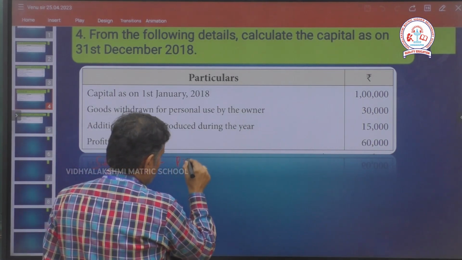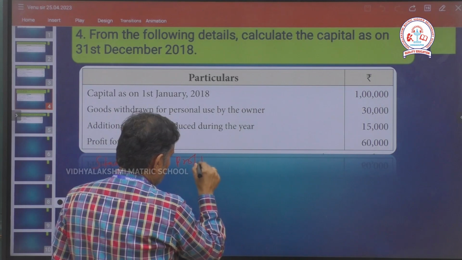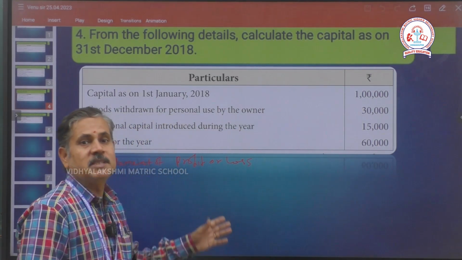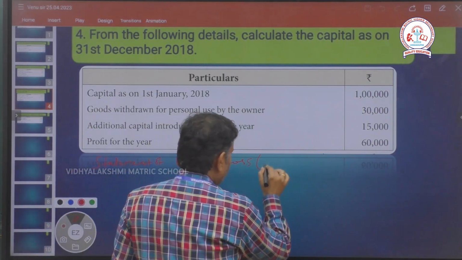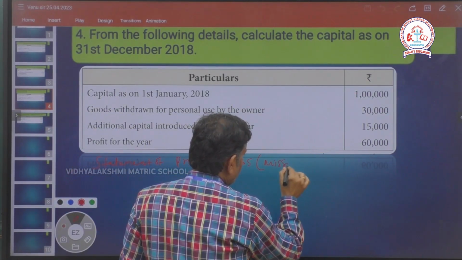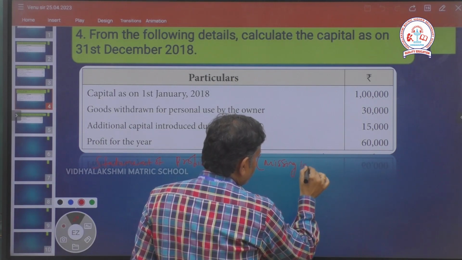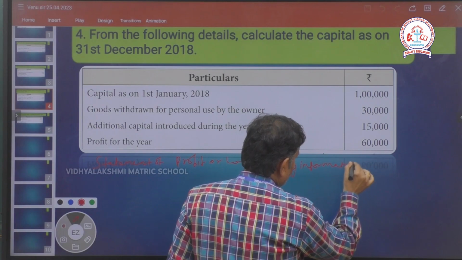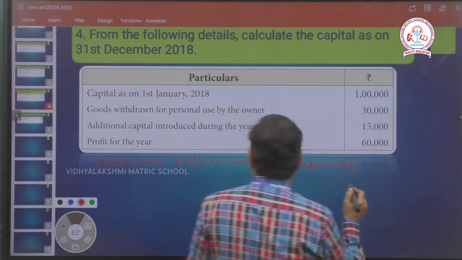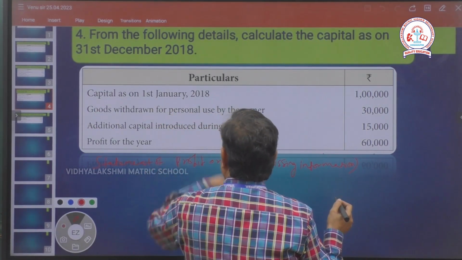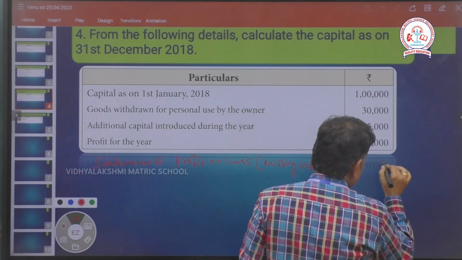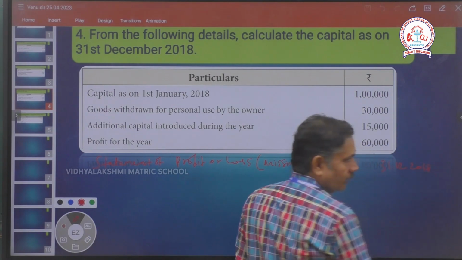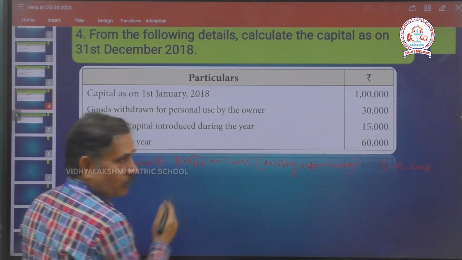Generally, we will say missing information. You can write the name here also: missing information. In your book the question is given. Okay, and the date. For 1st January 2018, the closing date is 31/12/2018. Is it clear? Now we will move on based on that.